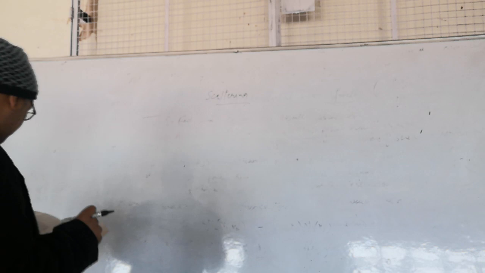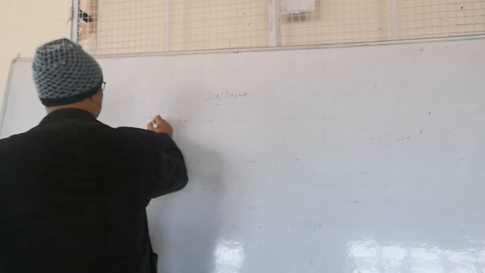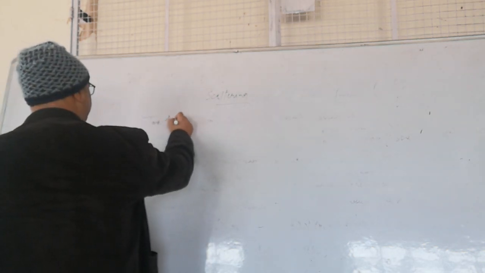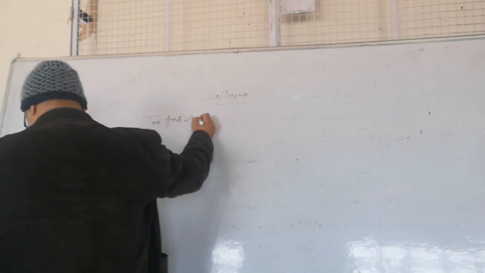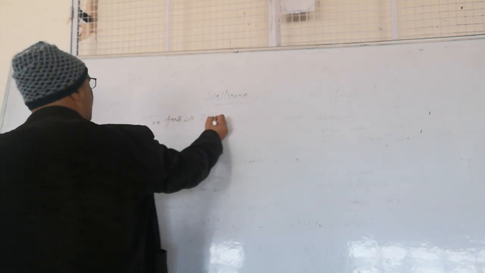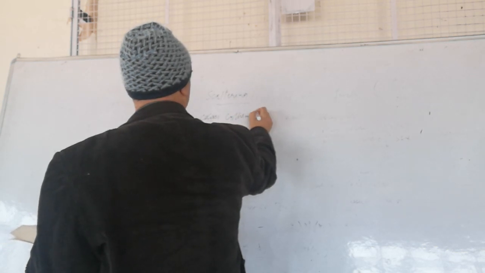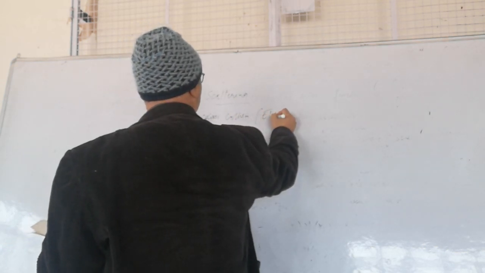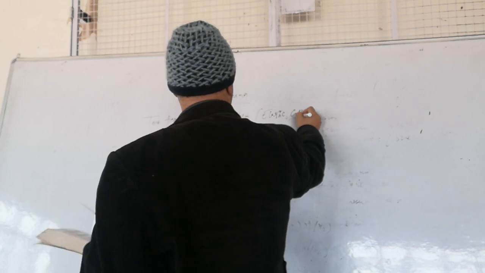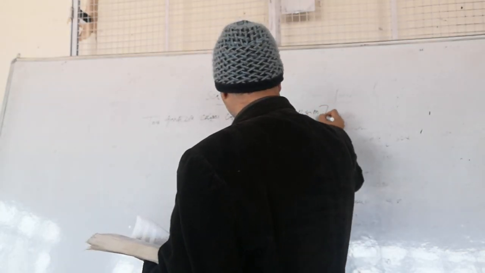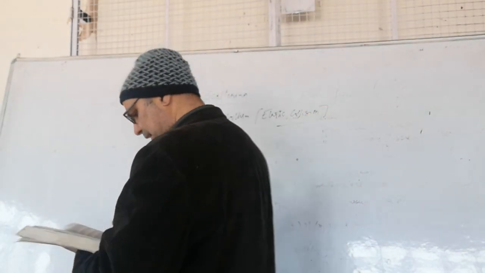Now for example, if we have a collision of two particles, sometimes it's also an elastic collision. Then how will we explain it?